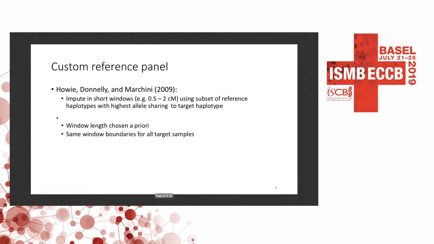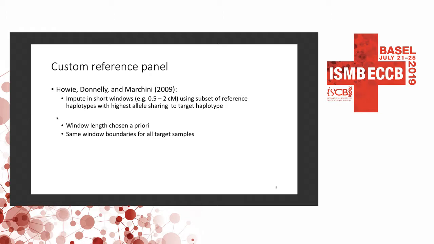So one of the first ideas, and it's an idea we'll build on in this talk, is the idea of a custom reference panel. This came from Brian Howie a couple years after imputation first appeared in the GWAS era. The idea is to take a small segment of the genome and just focus on that, because in that small segment, very few of your reference haplotypes will share a long IBD segment with the target haplotype.